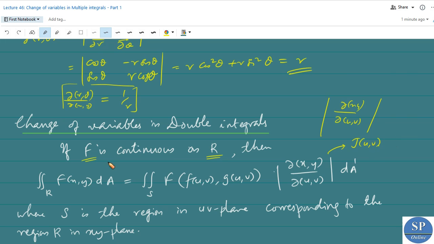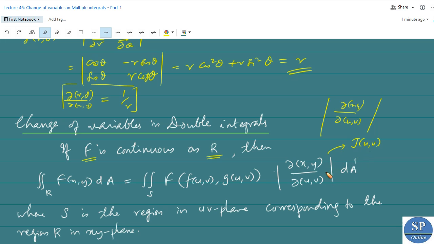Okay. That is, if you have a transformation x equal to f of (u, v) and y equal to g of (u, v), then the variables of this double integral can be changed as: the double integral over R of f of (x, y) dA is equal to the double integral over S of f of (u, v), g of (u, v) times J of (u, v) dA dash.